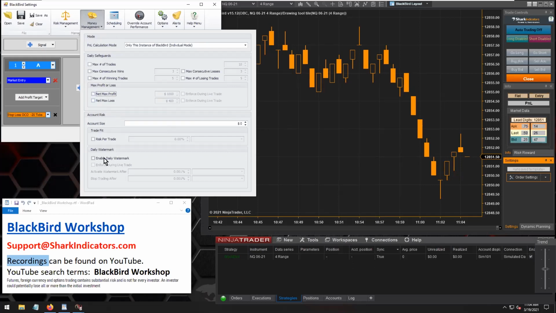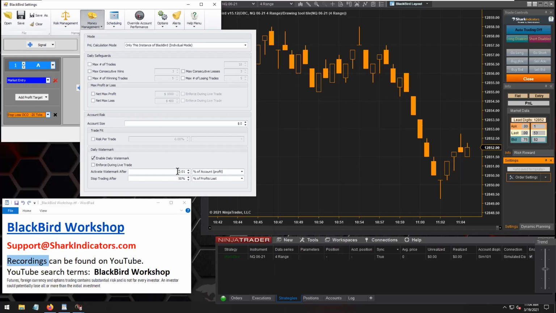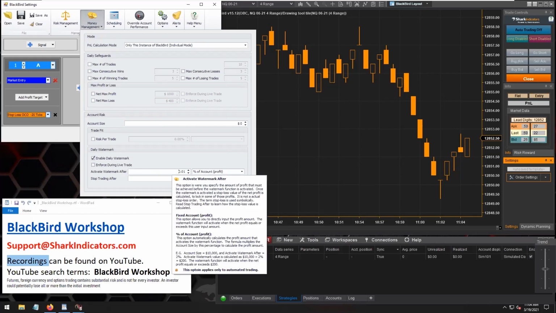The same thing applies to the daily high watermark here. This is not a physical order. It's just a rule that tells BlackBird how to keep evaluating your realized profits and losses.